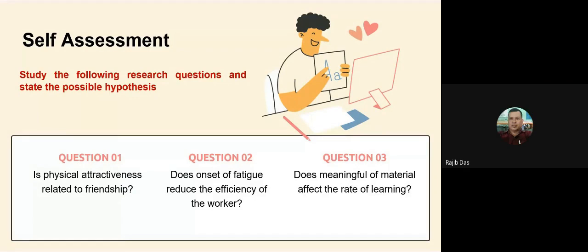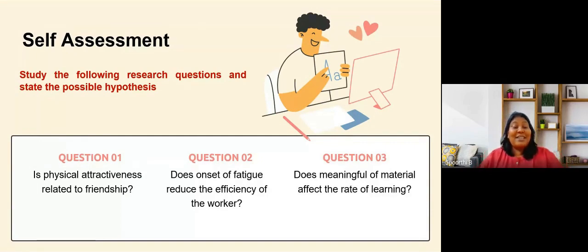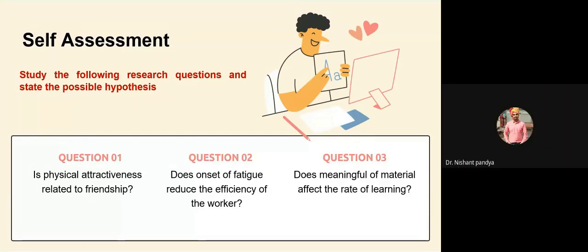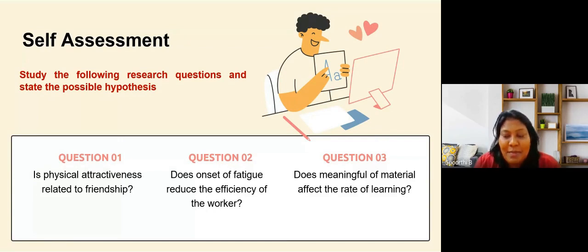Yes, ma'am. Physically attractive people have more friends. Okay. Any other answer for question number 1? People with good looks tend to have more friends. Okay.